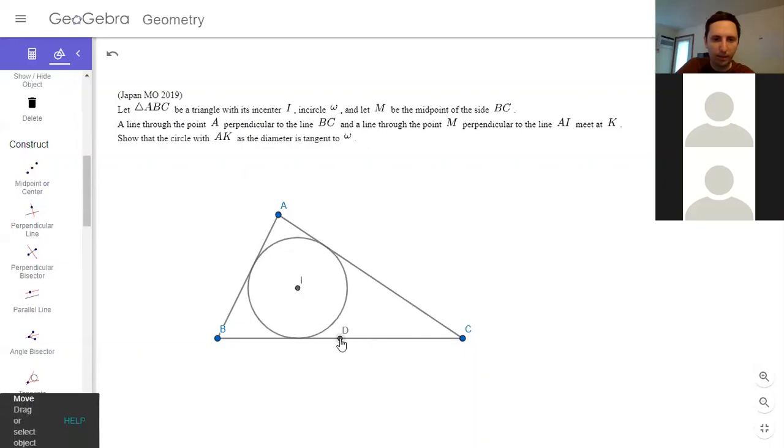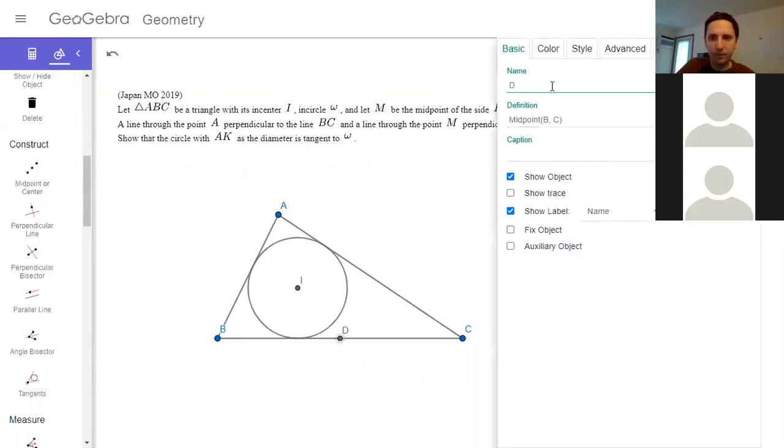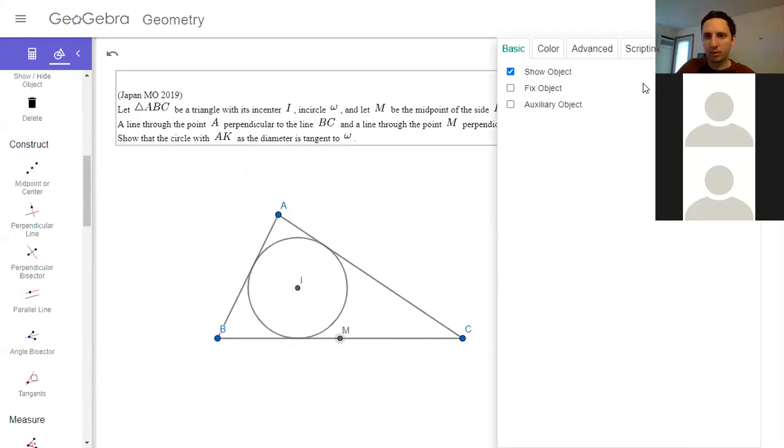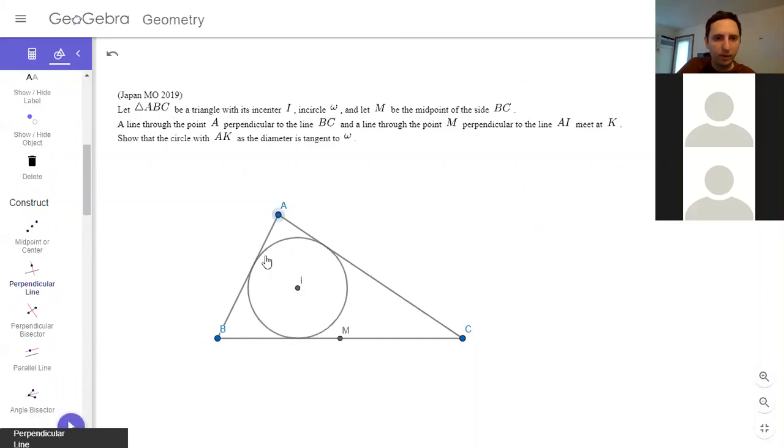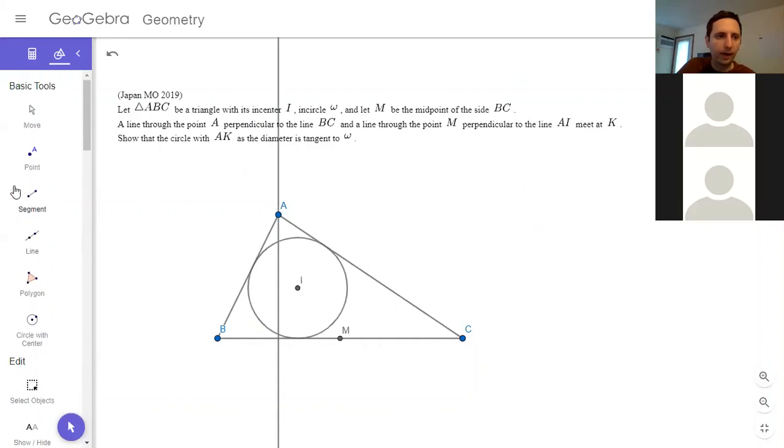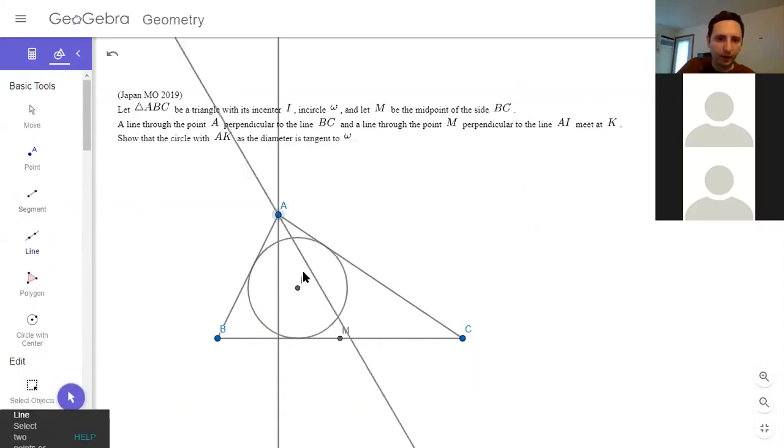Let's call that M. A line through A perpendicular to BC, and a line through M perpendicular to AI meet at K.